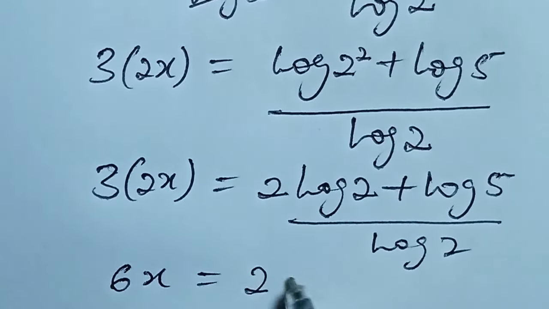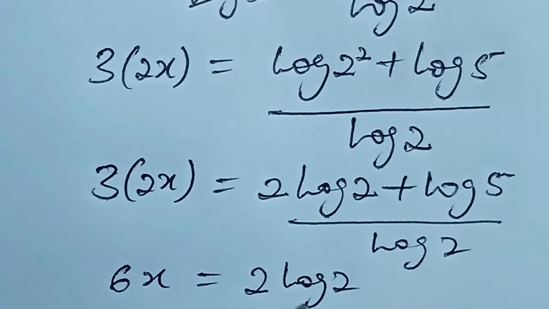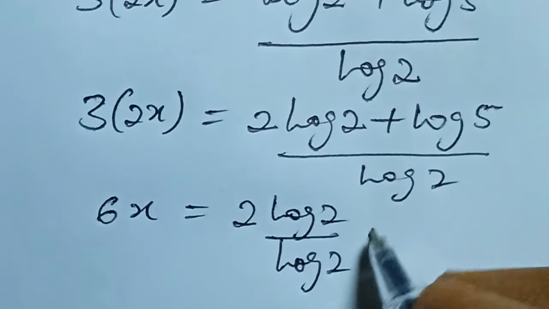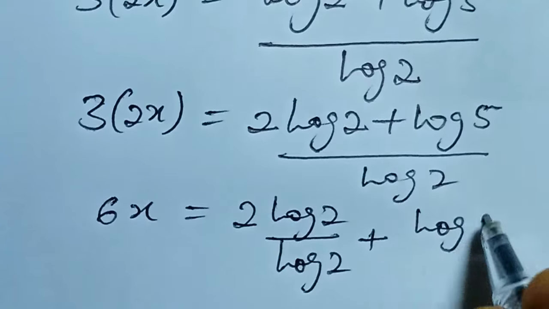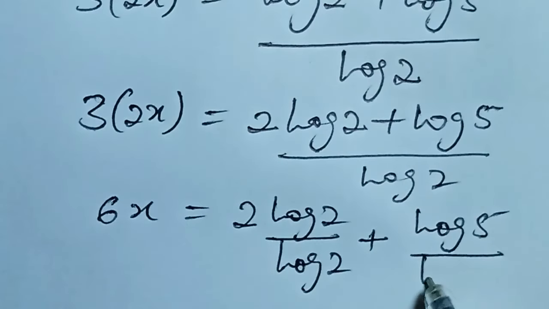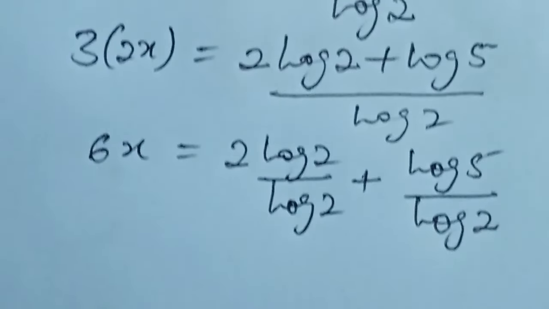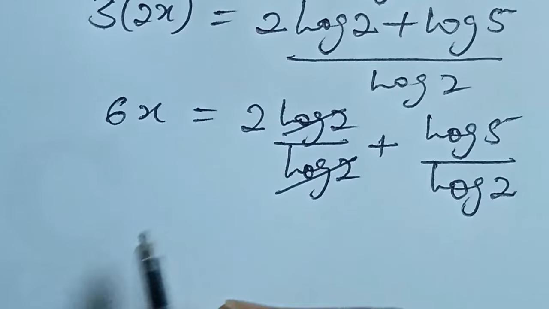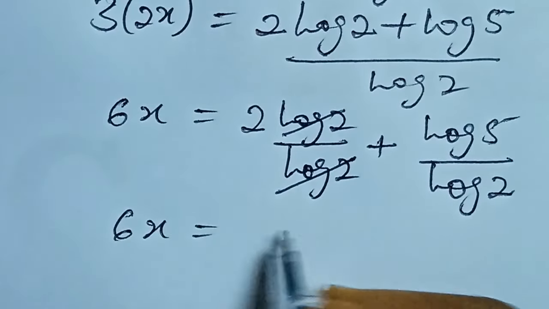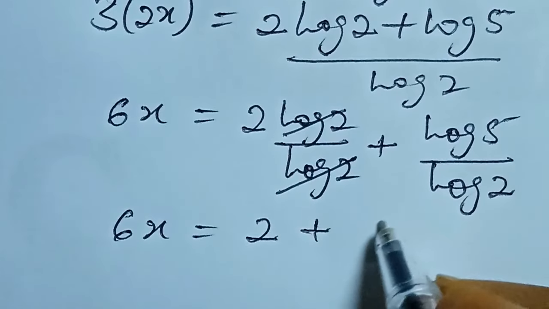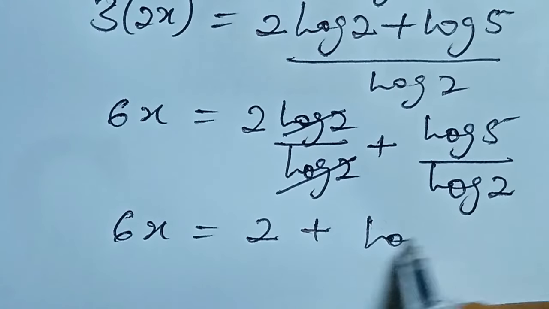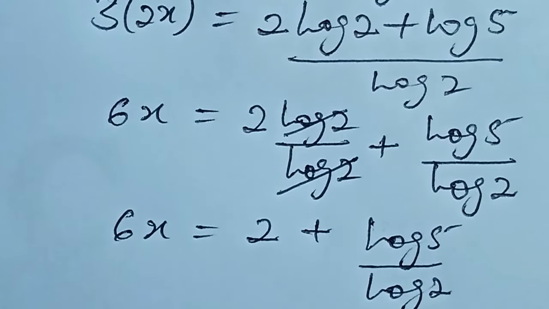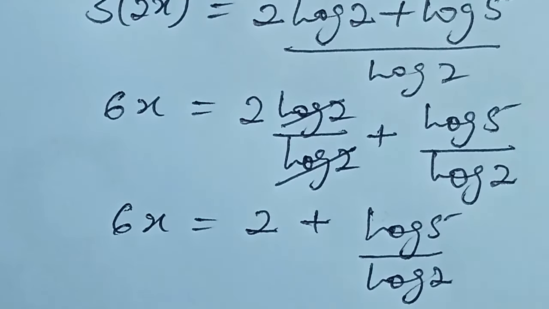So we have 2 log 2 over log 2 plus log 5 over log 2. So we can now cancel out this. Then we are left with 6x equal to 2 plus log 5 over log 2 in a simpler form.